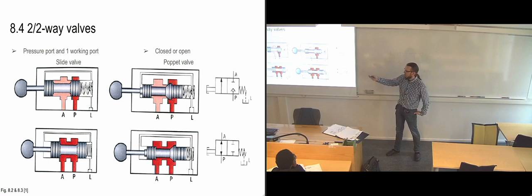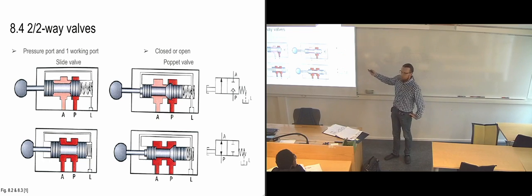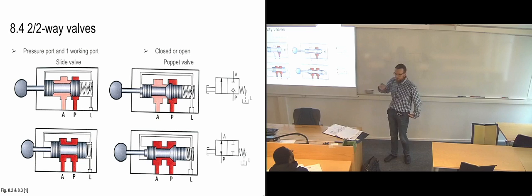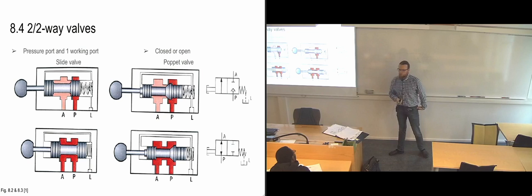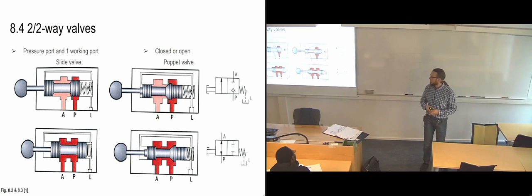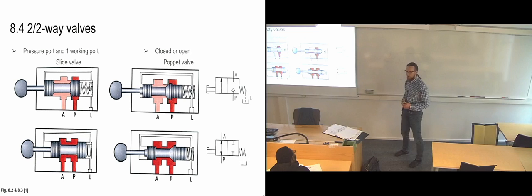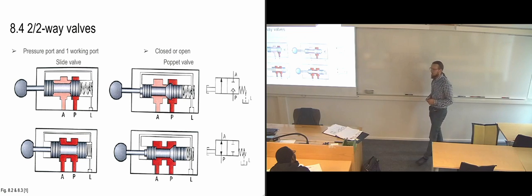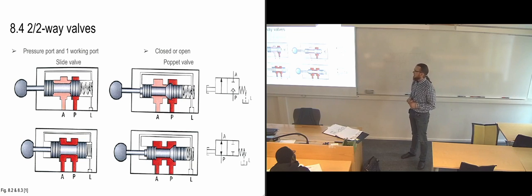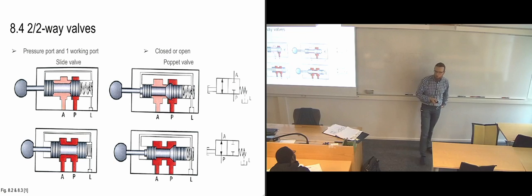So if you get high enough pressure on A, you can open it up and get flow back, so that you basically have a non-return valve on P, so that P won't be able to enter the valve, but A can run through if there should be a problem. But this symbol, I think I've seen it only once in all the hydraulics I've ever seen. It's something that's very seldom used. So the usual one is this one where the ports are just closed.